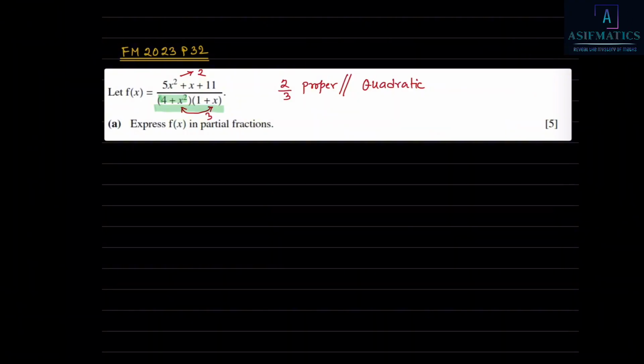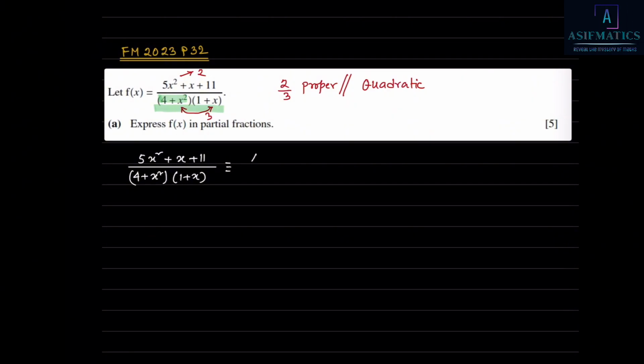So let's start. We have 5x squared plus x plus 11 divided by 4 plus x squared and 1 plus x, that is identical to, we need to write the quadratic form now.